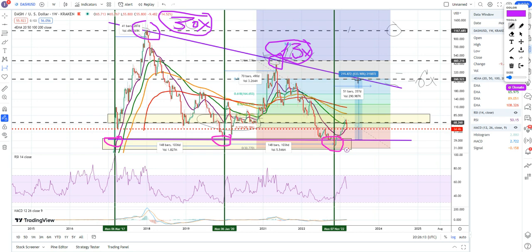So let's say 1 year, okay, 1 year. So from November 2022, probably it will be somewhere in November 2023. So by the end of this year, my expectation is for Dash to rise up to $260. You see this upper level, right? This is the upper level, okay?